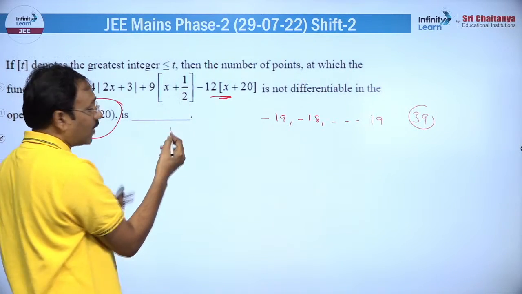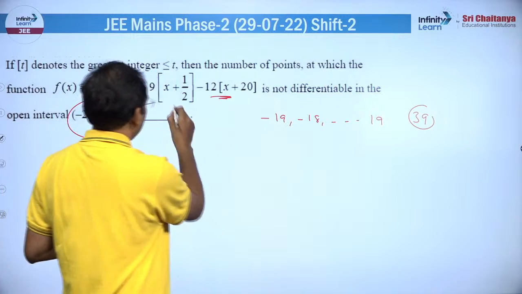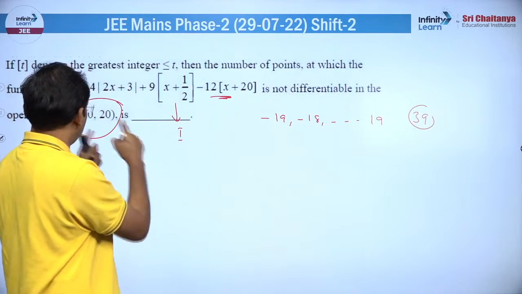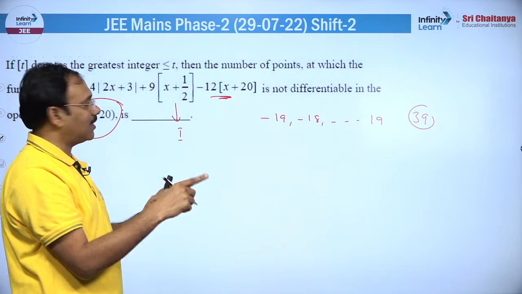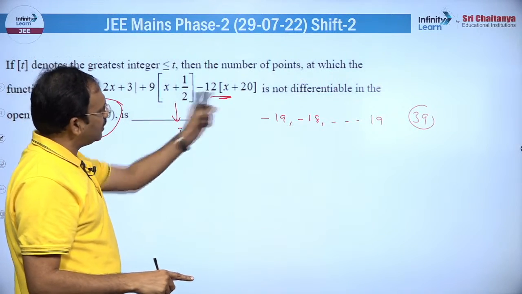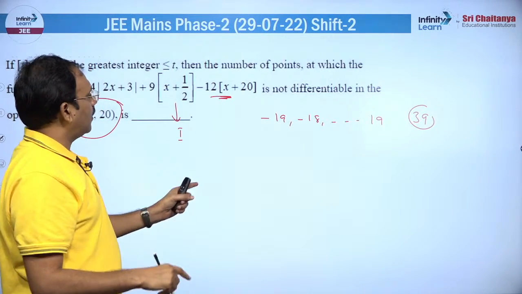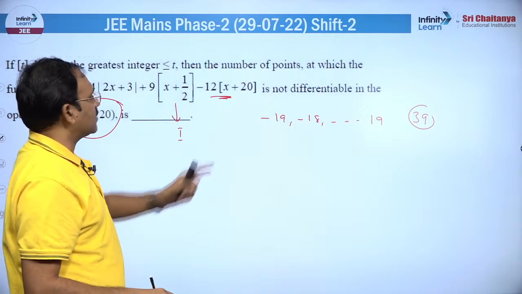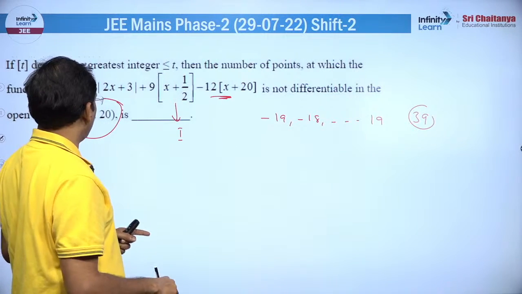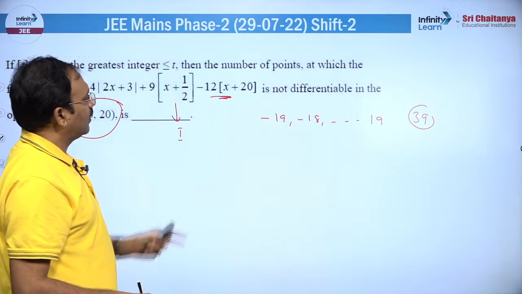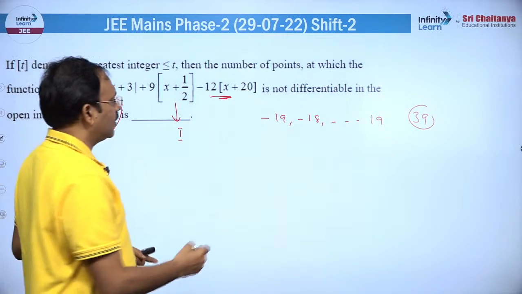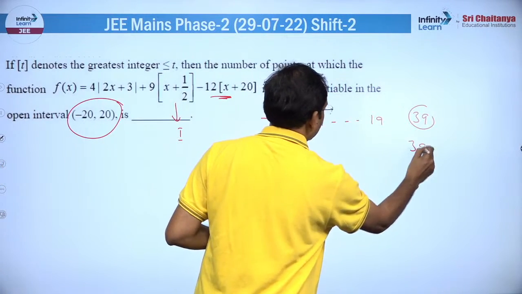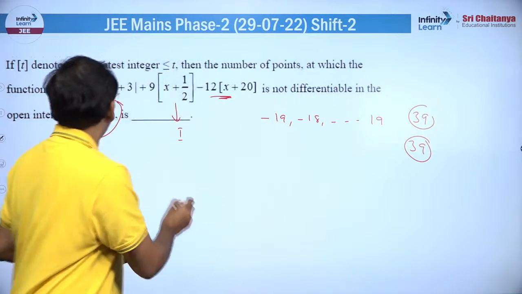Here, for the x plus 1 by 2 integer cases, you can find another 39 which are entirely different from these. That means minus 20 plus 1 by 2, that is minus 19.5, minus 18.5, like that up to 19.5. Here you will get another 39 cases. And what about this?